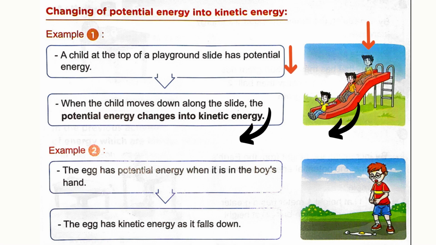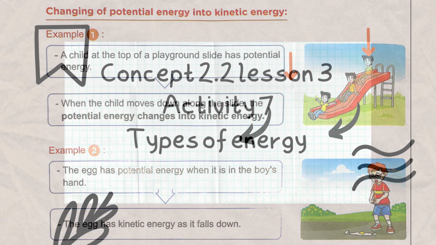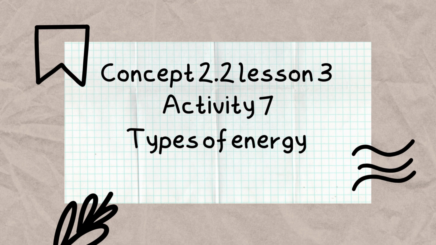Yes, it falls down, it moves toward the ground, and of course it will break. So what happens to the energy? Yes, it changes from potential energy stored in the egg to kinetic energy when the egg moves toward the ground, okay? So now we will study activity 7 from this lesson, lesson 3, which has the title Types of Energy.